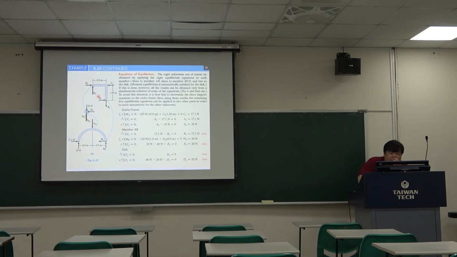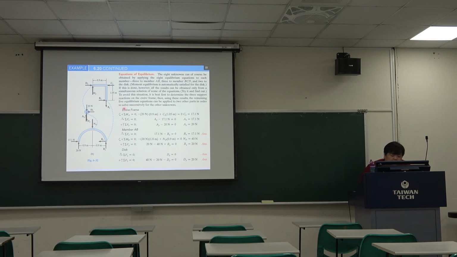Then we can also draw the 3-member free body diagram. Okay, so we just add some internal forces. So this is the internal force, this is the internal force, and this is also an internal force, and this is the internal force for point E. Okay, so then we can focus on one member to do the calculation, or we can also use the entire member to calculate the answer.